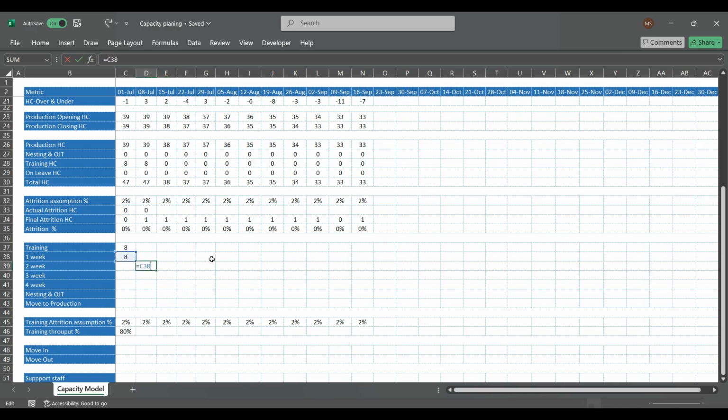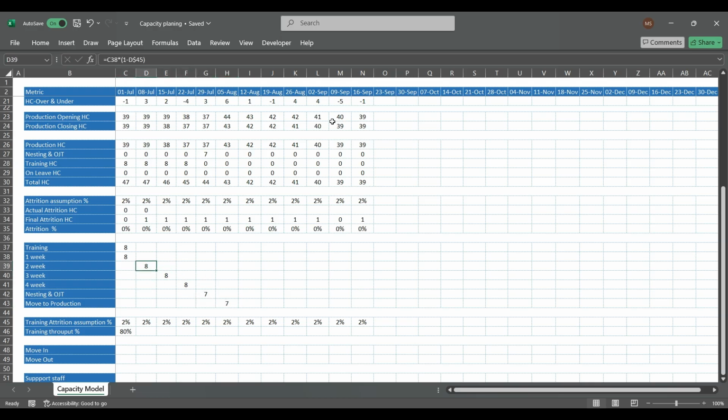Also, there is one thing I need to mention to you: the shrinkage assumption. Here it shows 1, and this needs to be 1 minus 2%, which is 98%. So it shows 7.87. If I add it and move it here, and then here, then it will be okay. Now you can see it showing the same things.